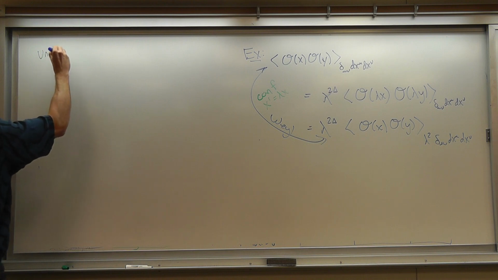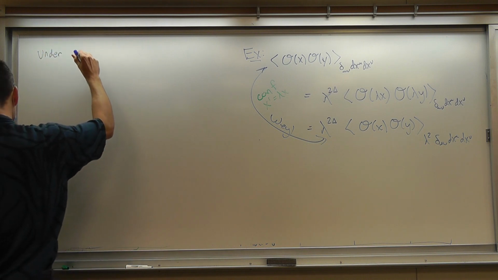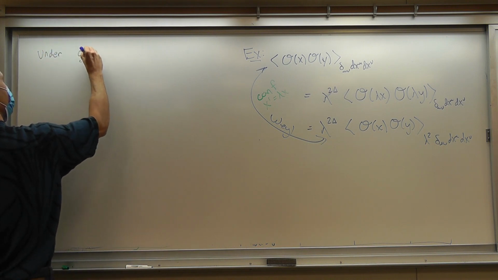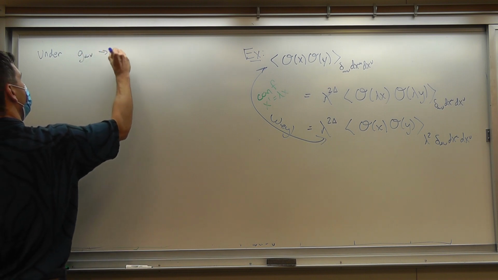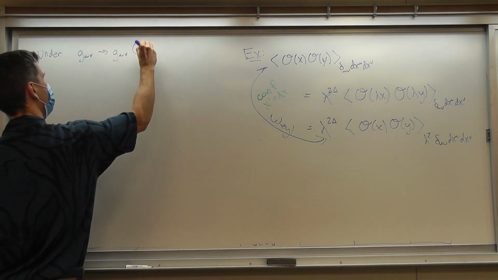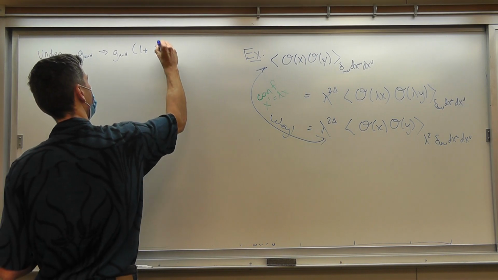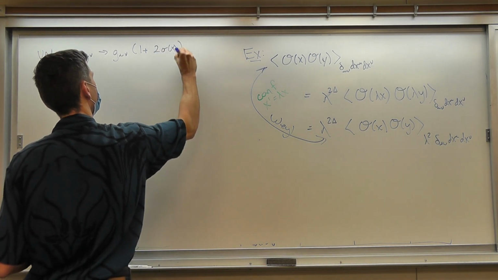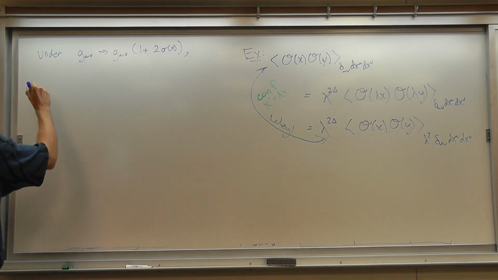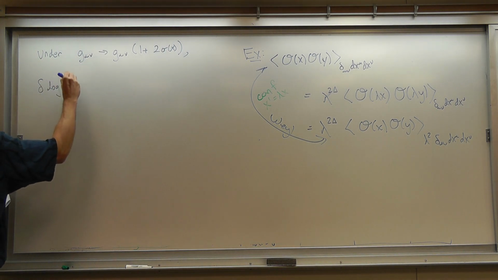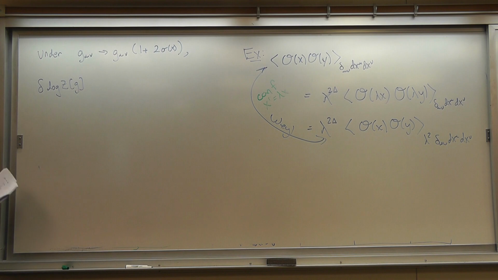Okay, so how does that give us Weyl? Well, under changing the metric, g mu nu, to g mu nu times 1 plus 2 sigma of x, we can look at the partition function. We can vary the partition function under this. So we're just going to do a Weyl rescaling of the partition function.